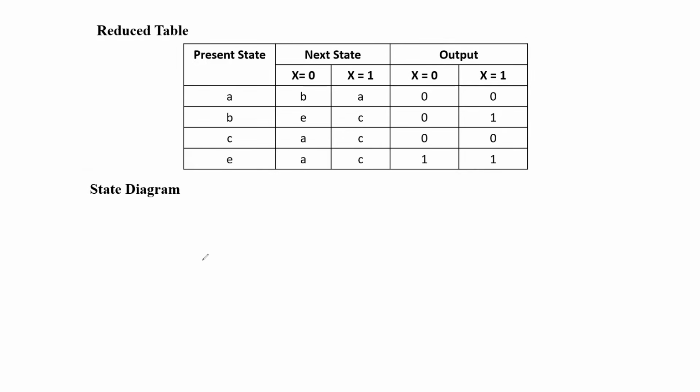In the same way, we'll try to write the states here, representing them as per the initially given state diagram. Which state have we reduced here? D, so that D we are not going to write here. First state is A. Next we are going to take B. Next is C. And here we have E.